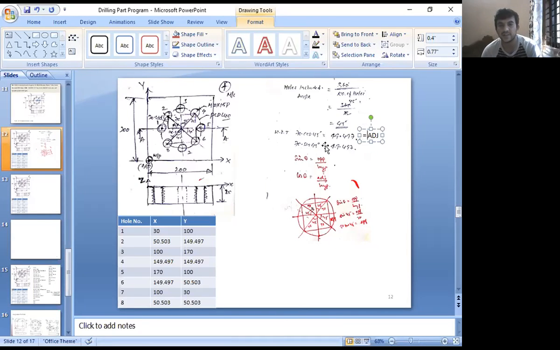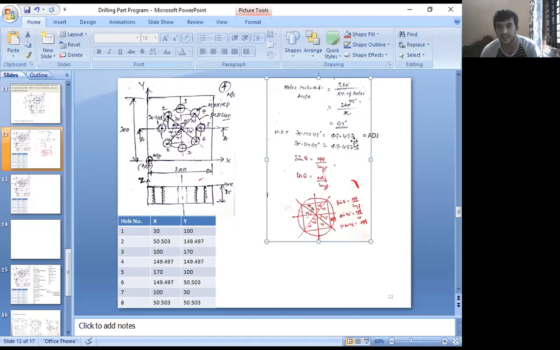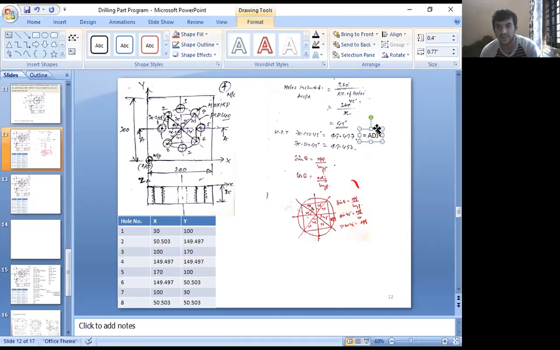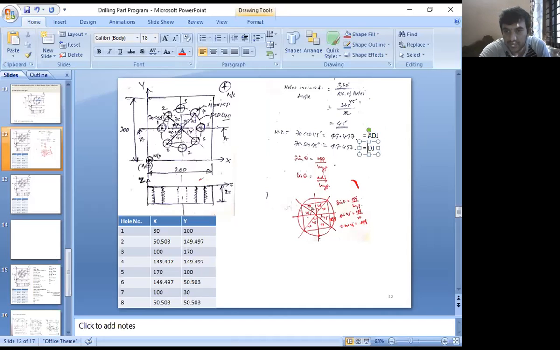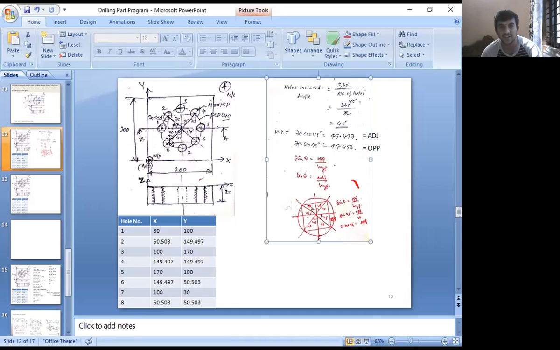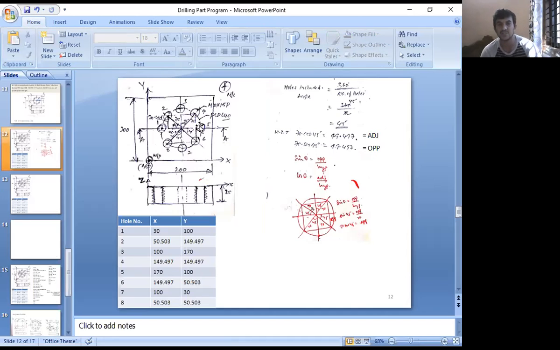Now what is 70 into sine 45 degrees? What side is it? That is the opposite side. Now we go for adding and subtracting the opposite and adjacent sides. That gives the location for each hole.